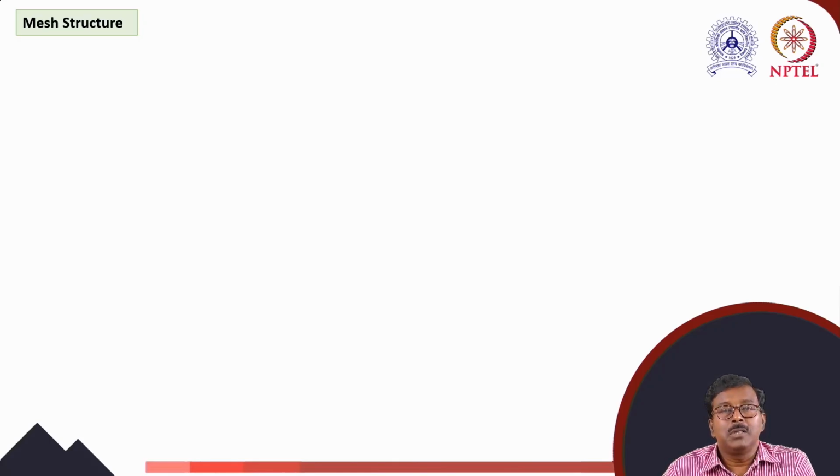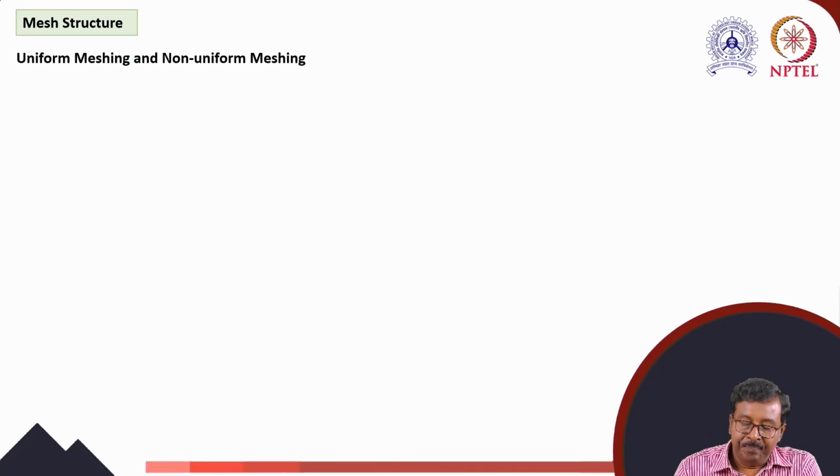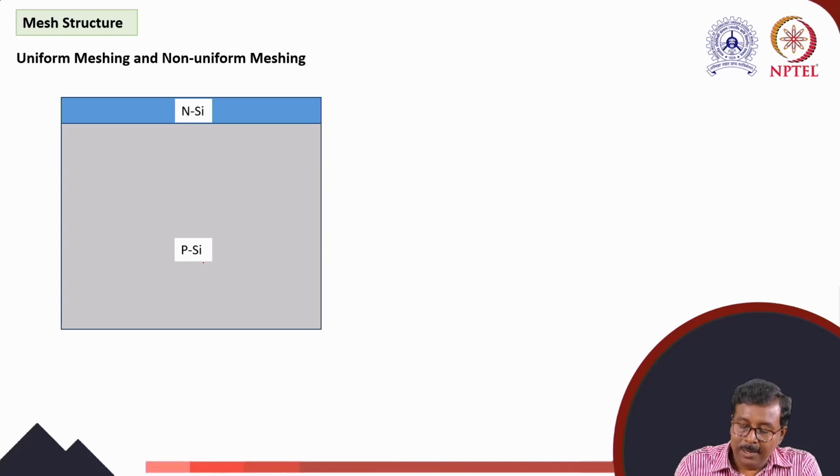Suppose we consider a two-dimensional picture first. So a device where we want to do two-dimensional analysis. Suppose we have a device like this. Say this is a PN junction device where the P silicon is thick and the N silicon is thin.